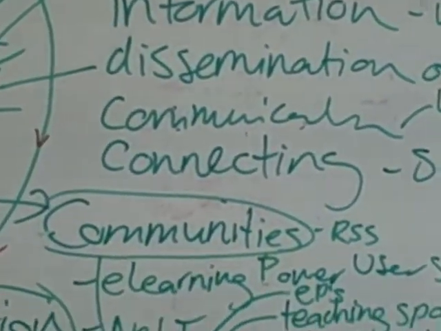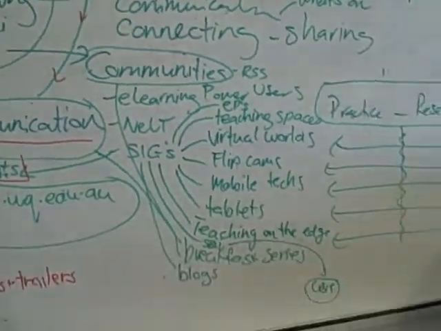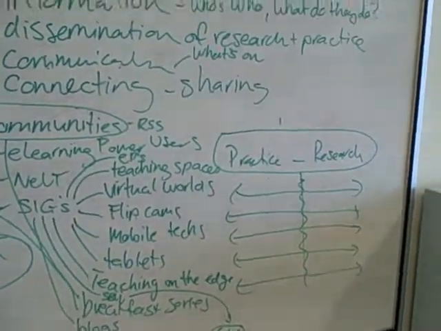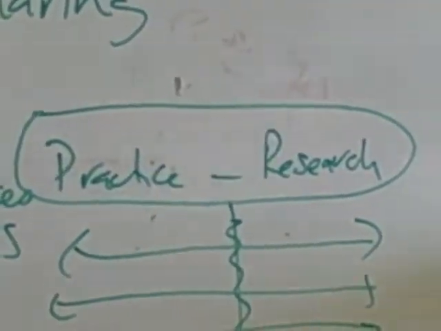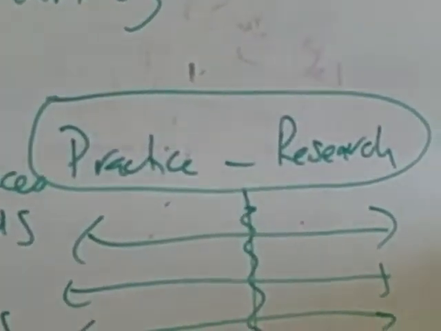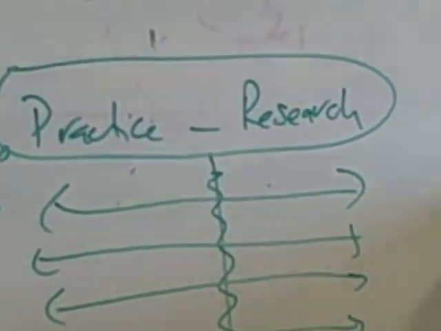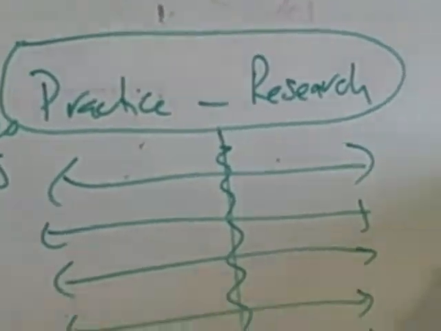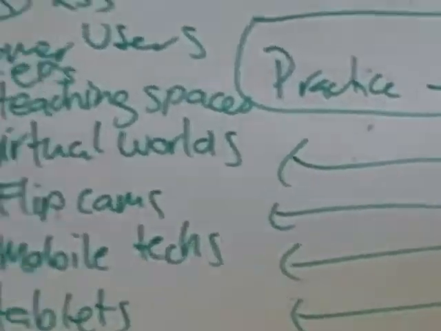So that's where we come to our communities, and as you can see, we've got lots of ideas for communities here, and a lot of what they're about is practice and research. We've got a continuum idea in that some people might engage from a practice point of view and then go forward into research, and we may invite them into some of our research projects.